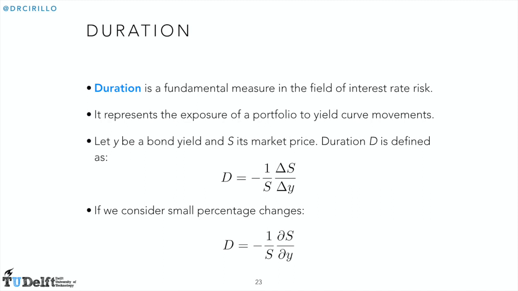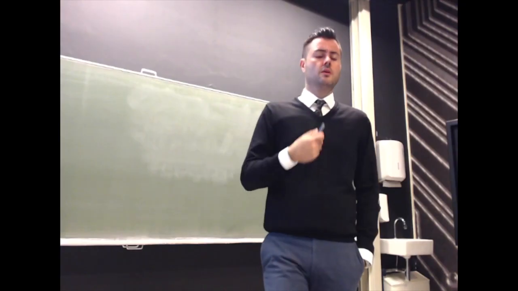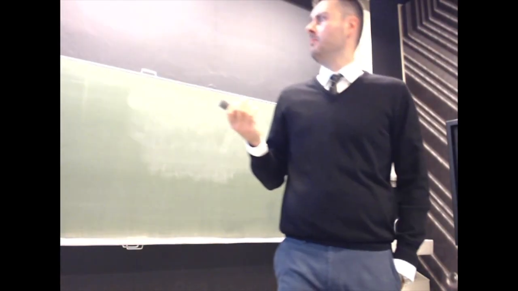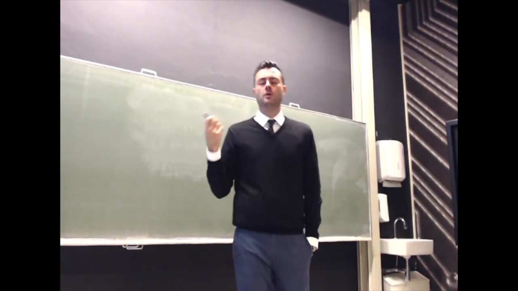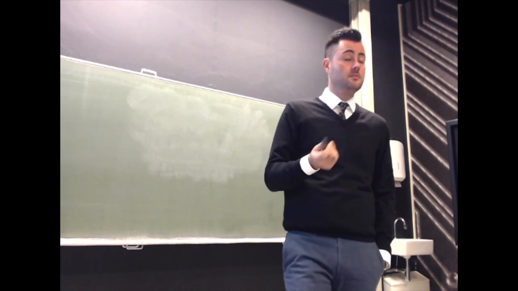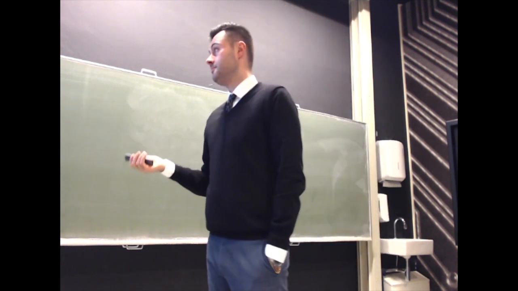If I assume the variation of the yield to be very, very small, so to be infinitesimal, what do I have? I have that the duration is equal to minus 1 over S dS dY. Now, in economic terms, if you studied economics or you're a little bit familiar with economics, you can recognize in the duration some sort of elasticity. It's an elasticity measure.